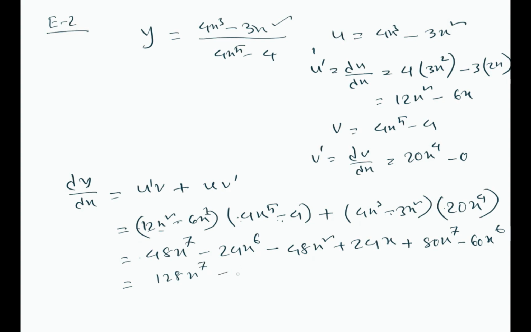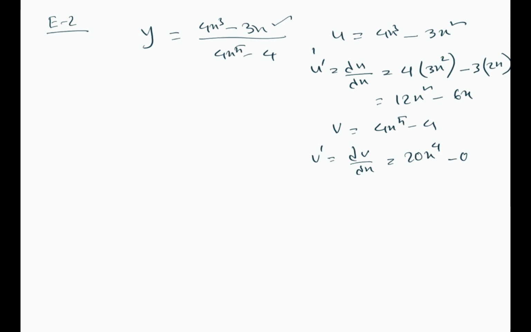Okay, then we have 24x to the power 6 and 60x to the power 6, so 60 plus 24 is 84. So 84x to the power 6 minus 48x squared plus 24x. So this is the answer for this question.